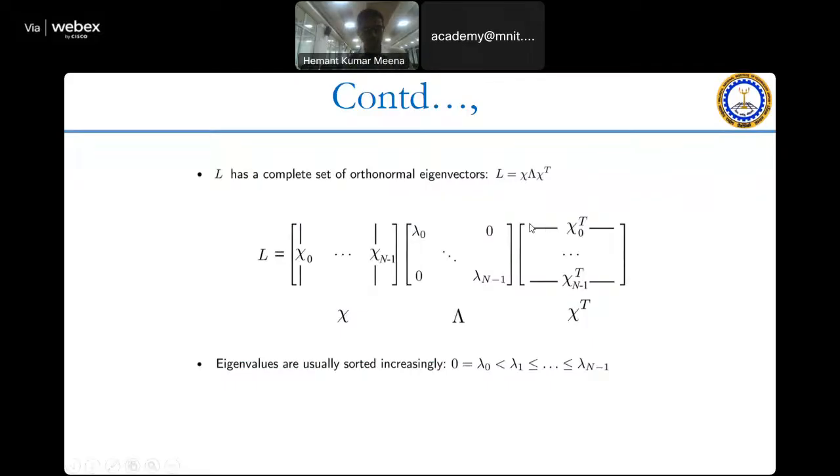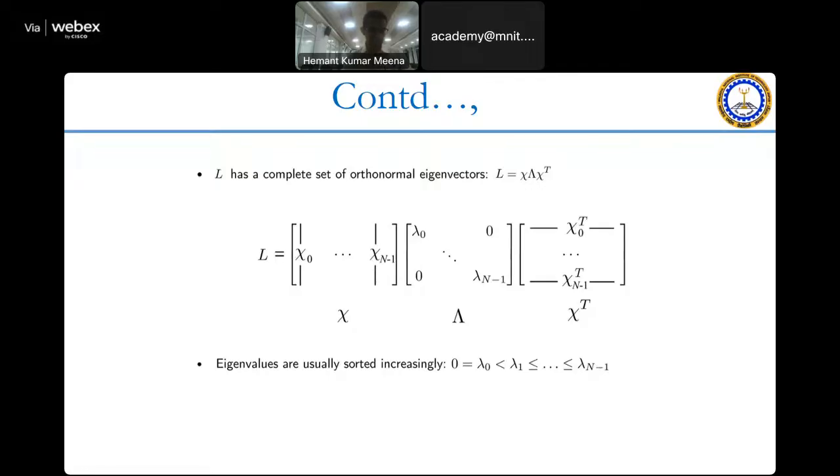What we are saying here is that there are some important properties of the Laplacian matrix L. What are these? L has a complete set of orthonormal eigenvectors.